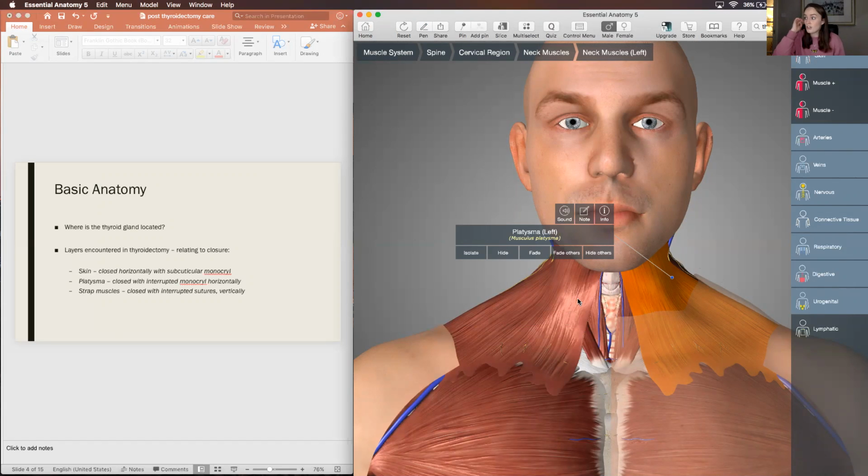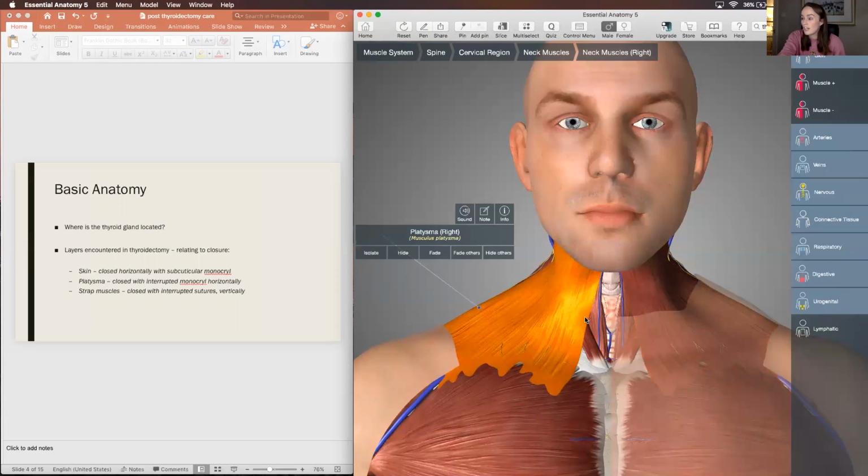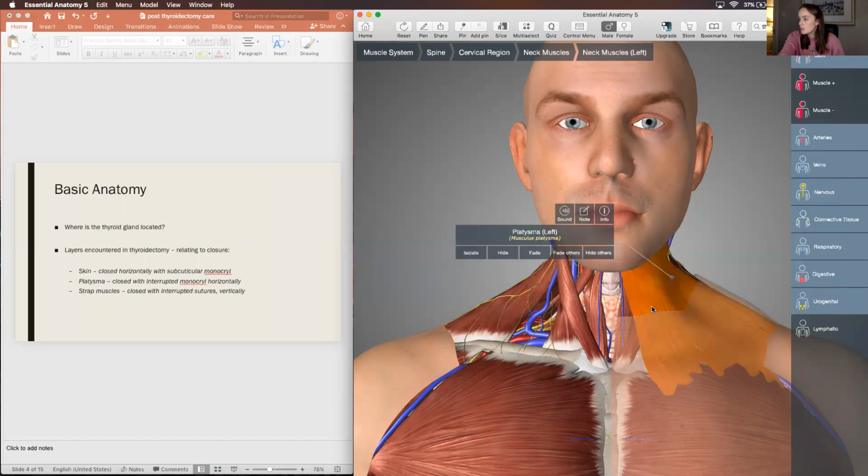This is something to the untrained eye is actually very difficult to see because contrary to how it looks in this diagram, it's actually a very thin sheet that barely looks like a muscle at all. But it's important to know about because exactly like the skin, the platysma is closed in a horizontal fashion with interrupted stitches. Once we get rid of the platysma, what we come to are the strap muscles.